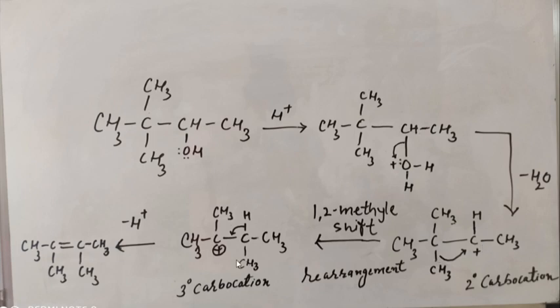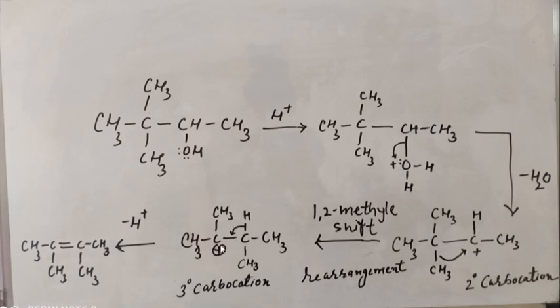Since it moved to the adjacent carbocation, this carbon now becomes electron deficient, so it forms the carbocation. So this rearrangement, where the secondary carbocation rearranges by a 1,2-methyl shift to the tertiary carbocation, is known as the Wagner-Meerwein rearrangement.